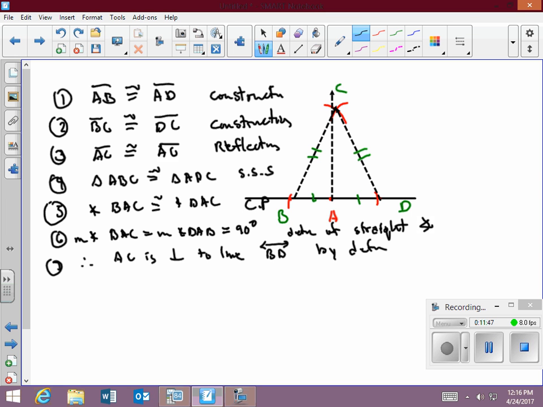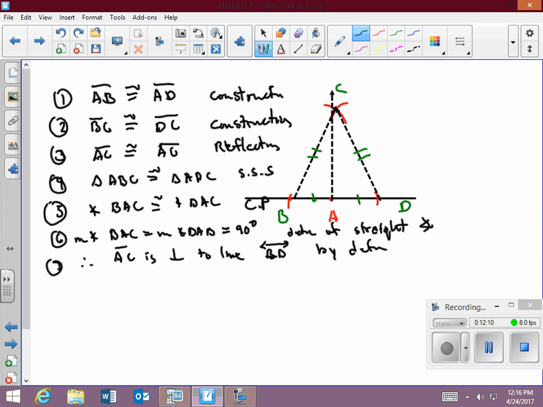What they did is I said that this line is perpendicular to the line BD, or that segment is. And it's actually a line, because they didn't say two points BD.